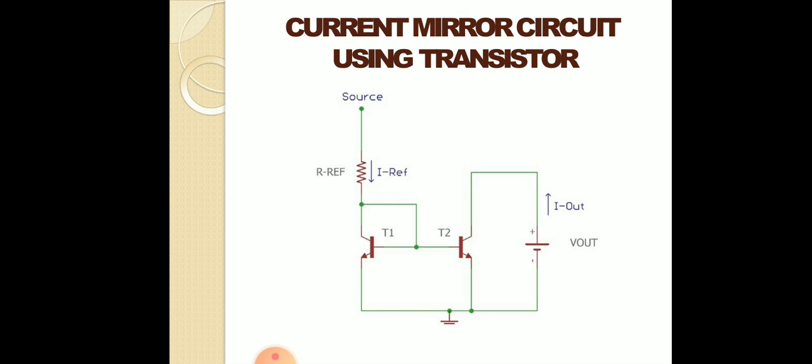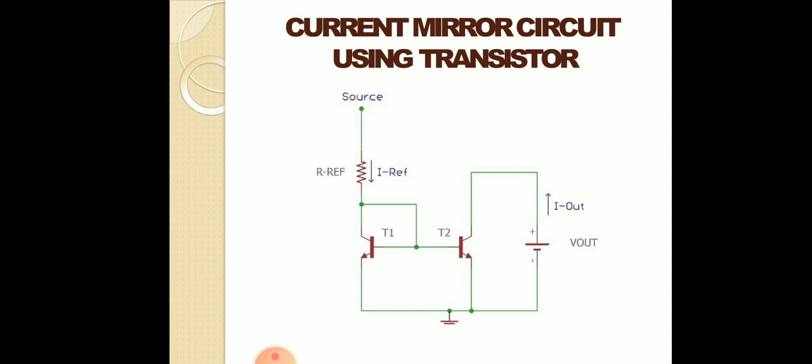Transistors T1 and T2 need to be the same counterpart. Also, the two transistors should be placed close to each other for equal heat transfer. If we see the circuit carefully, the base emitters of the two transistors T1 and T2 are in parallel with each other. Therefore, the two transistors have the same current.